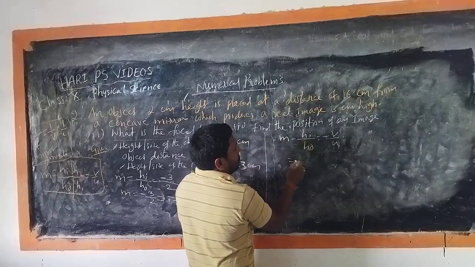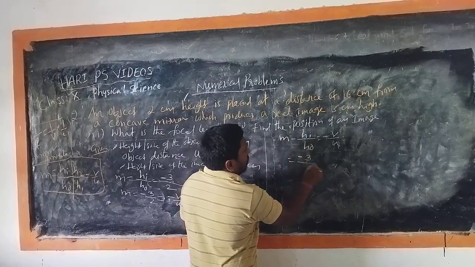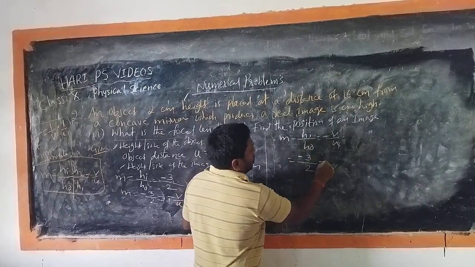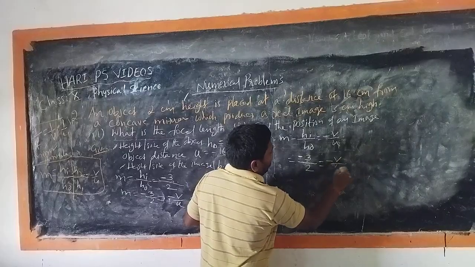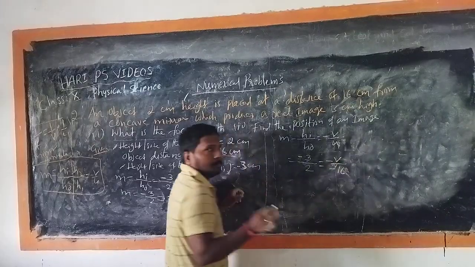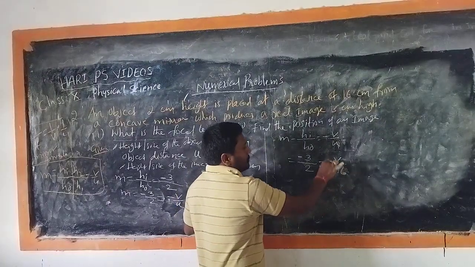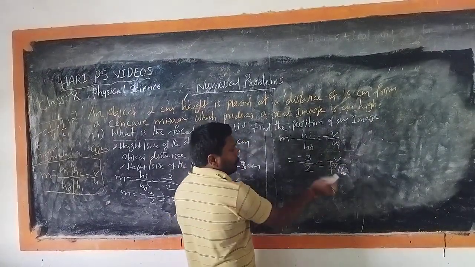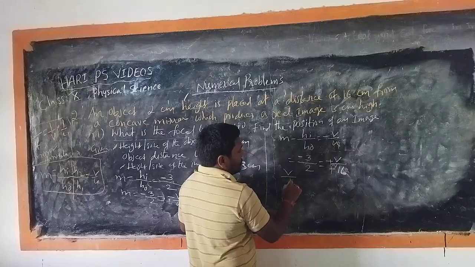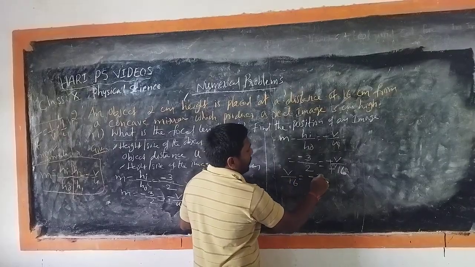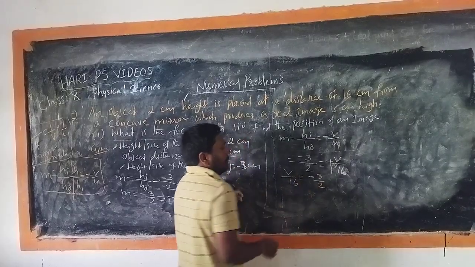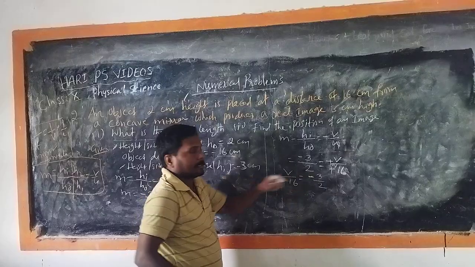Height is minus 3, object height 2, that is equal to minus v by minus 16. The minus cancels, so v by 16 equals minus 3 by 2.